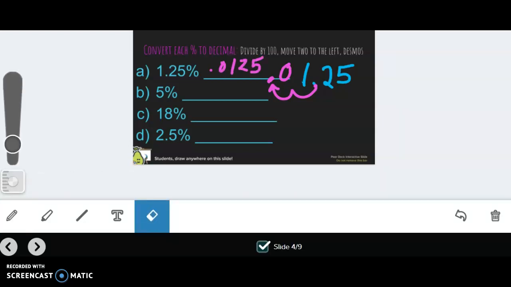Okay? And then the last step would be to use it in Desmos, right? And you would put 1.25%. It's of 1. Let me show you what I mean by that.